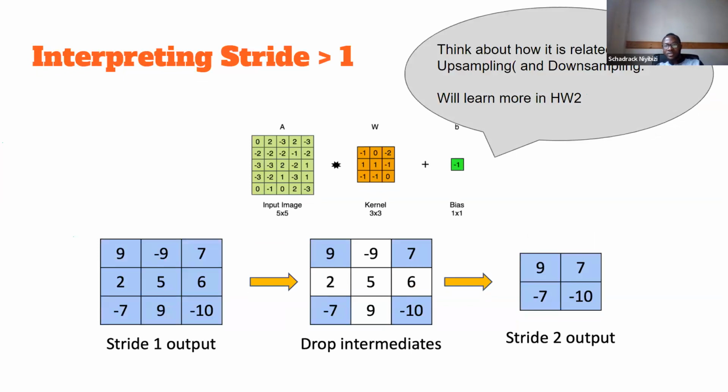So think about this in terms of downsampling, which is already implemented in homework 2, part 1. This is when the stride is 1. This was the output. If the stride equals 2, we will have the final shape, which is 2 by 2. Then think about the different scenarios of upsampling and downsampling, and how they are related to convolution with the stride.